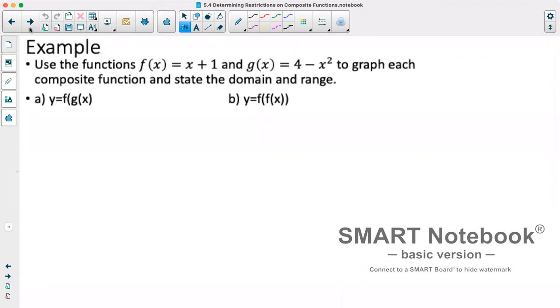So, for example, we can use the functions f of x equals x plus 1 and g of x equals 4 minus x squared to graph each composite function and state our domain and range. So for each of these, I'll just create a 3-column table of values.